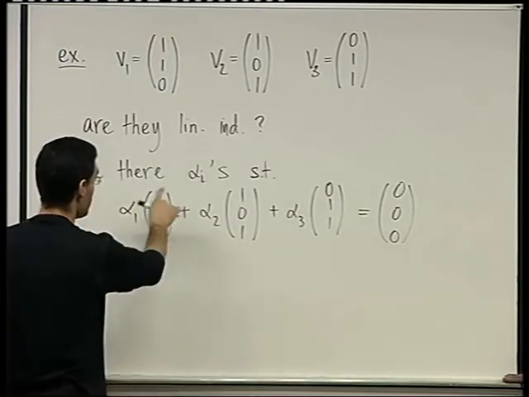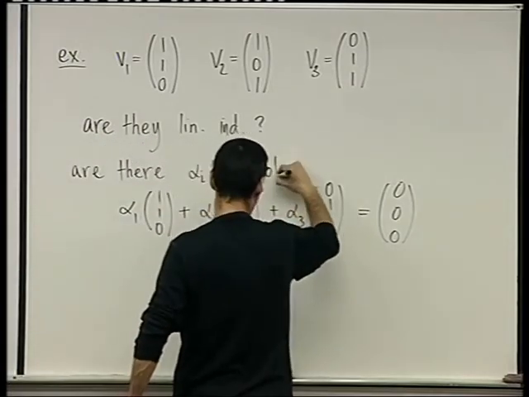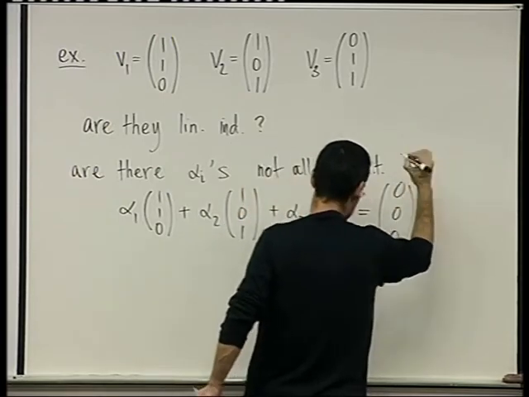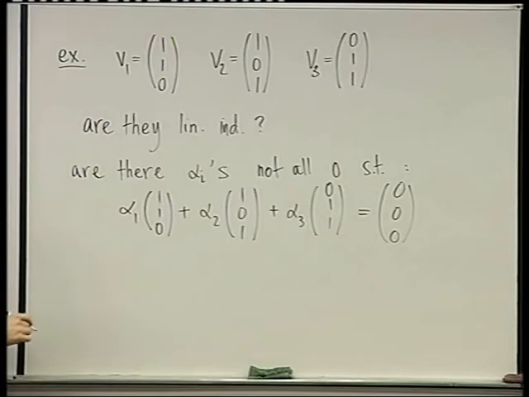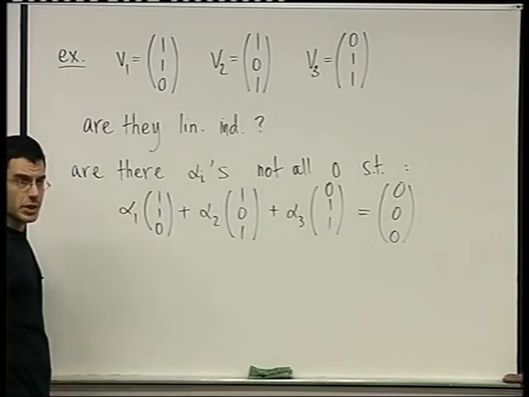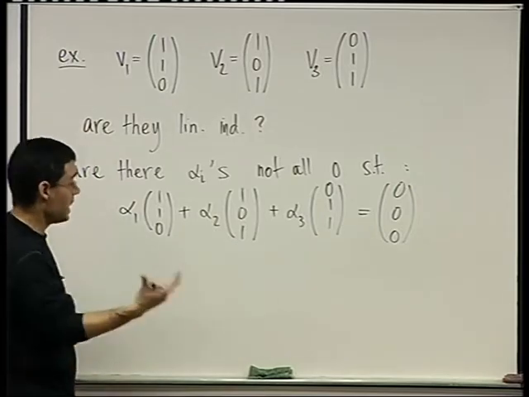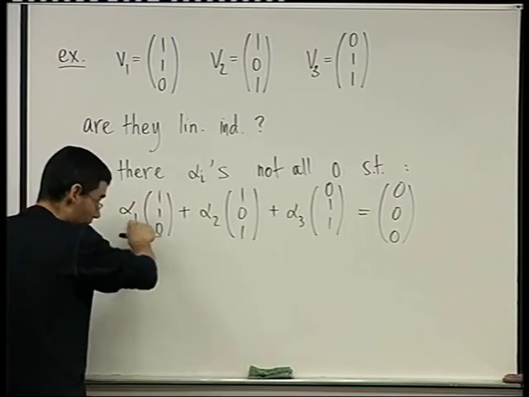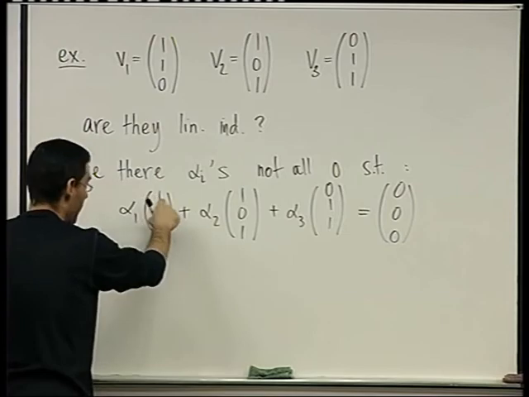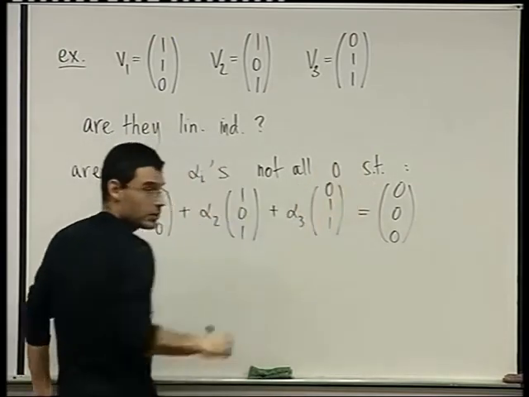So let's emphasize, are there alpha i's, not all 0, some of them can be, such that this holds. And this translates to a system of equations, like many things in this course translate back and forth to systems of equations. Namely, this translates to alpha 1 times 1 plus alpha 2 times 1 plus alpha 3 times 0 has to be 0.